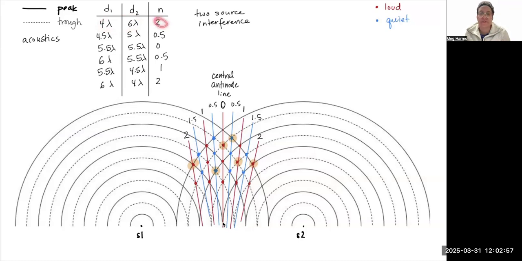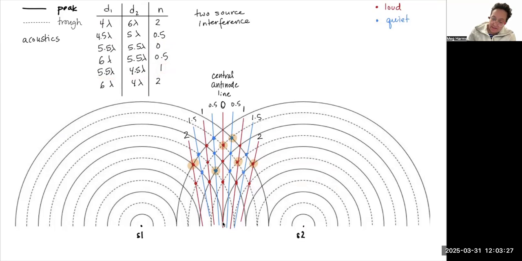Oh, we're on line 2. Here, 5.5 wavelengths, 5.5 wavelengths. There's no difference between those. Oh, line 0. 5.5 wavelengths and 4.5 wavelengths. The difference, 1 wavelength. So we notice that there's this relationship between the difference between the distances to the speakers and the line number we're on.